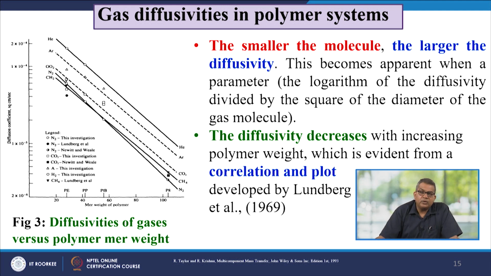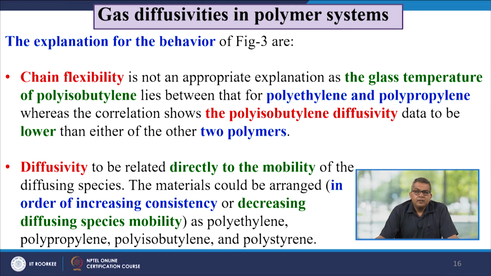of the gas molecule is considered. Now, the diffusivity decreases with increasing polymer weight, which is evident from the correlation and the plot developed by Lindbergh in 1969. In this particular figure, we have represented the diffusivities of the gases versus polymer weight.